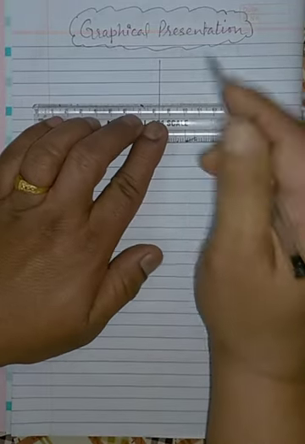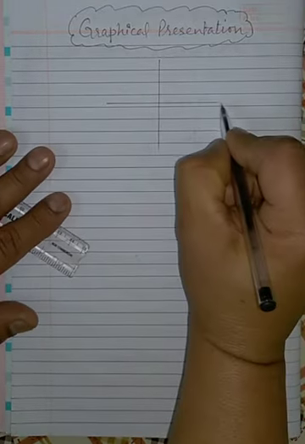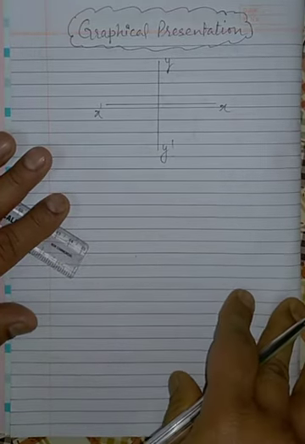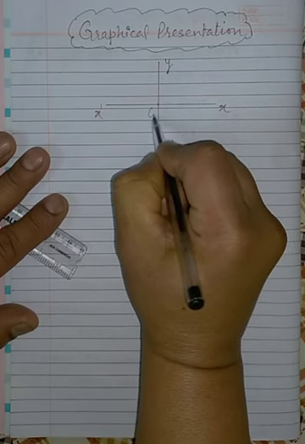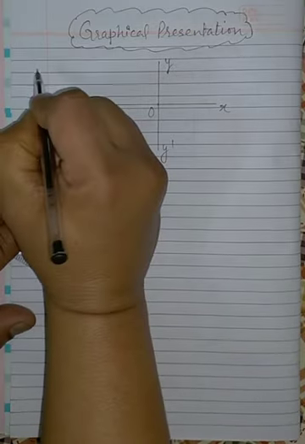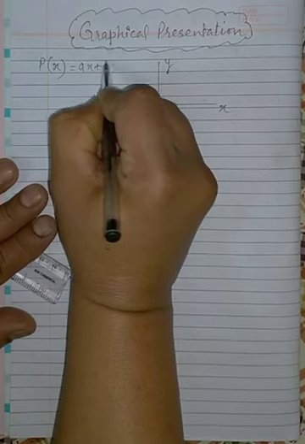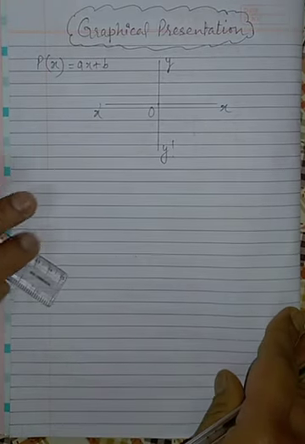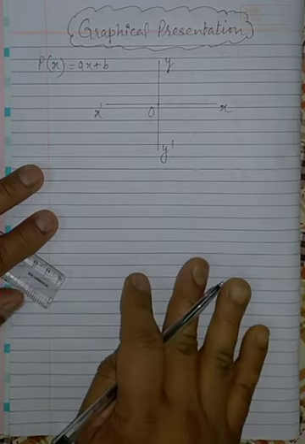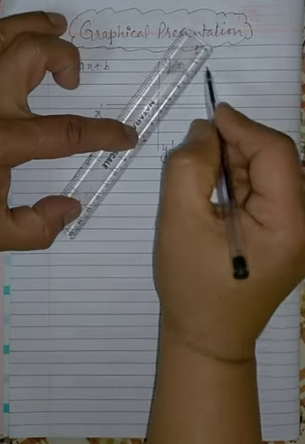Suppose this is a Cartesian plane, a graphical plane where x and y-axis are there with the point of intersection as origin. So if we are talking about a linear polynomial which is p(x) is equal to ax plus b, then as it is clear from the word itself that it is a linear polynomial, the graphical presentation of this linear polynomial will be a straight line.